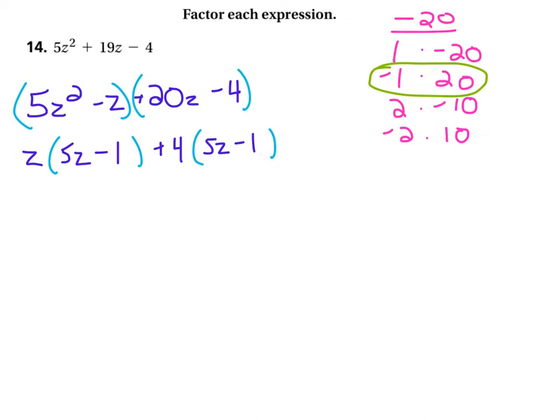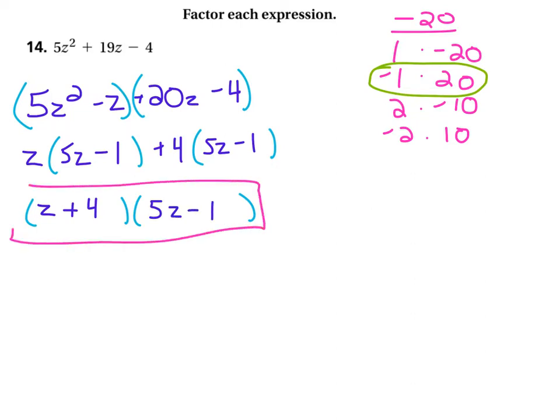Looks good because we got 5z minus 1 inside both parentheses. So we then have as our pair of parentheses z plus 4 times 5z minus 1. That is the answer. See, we're moving faster now.